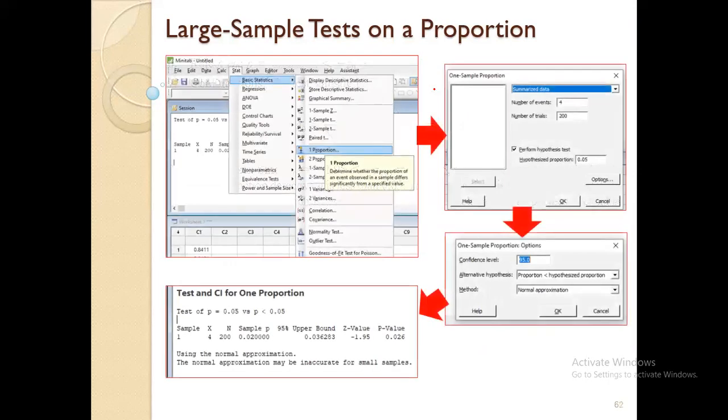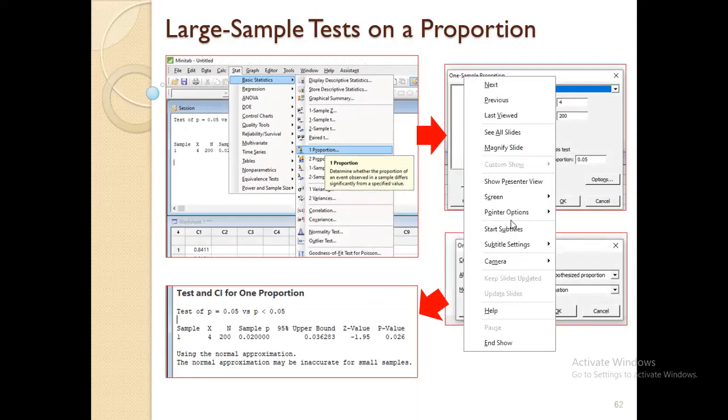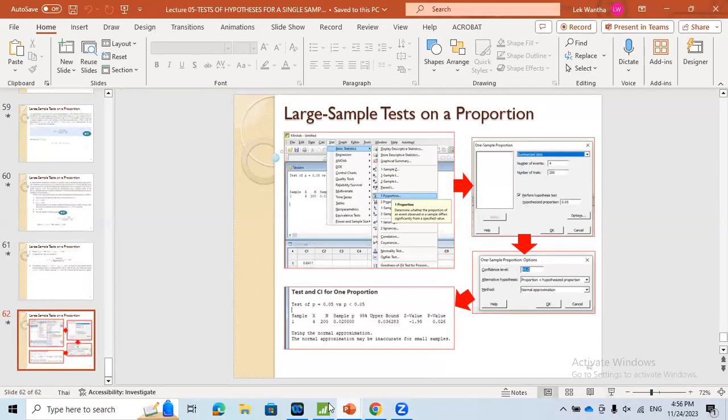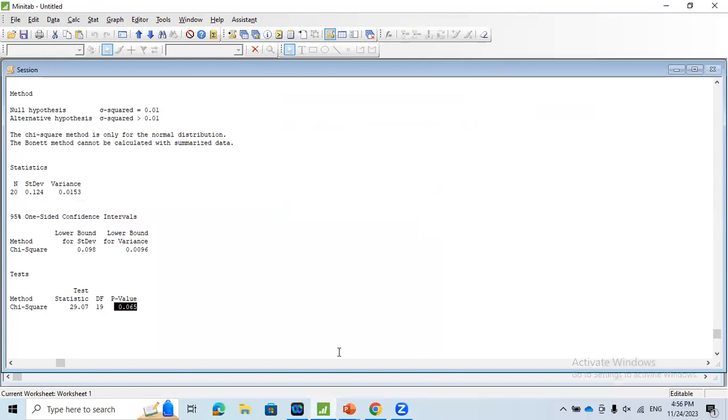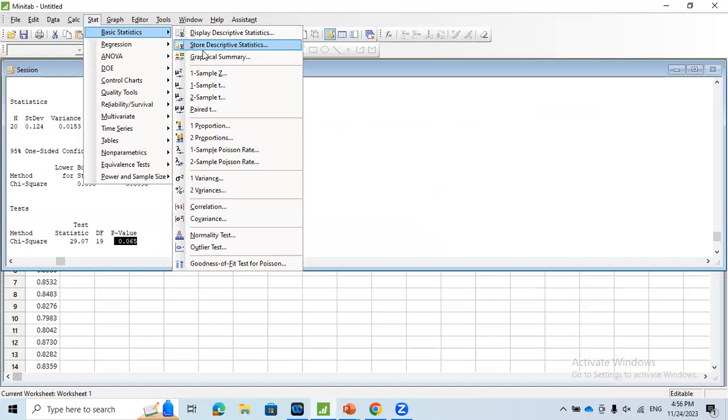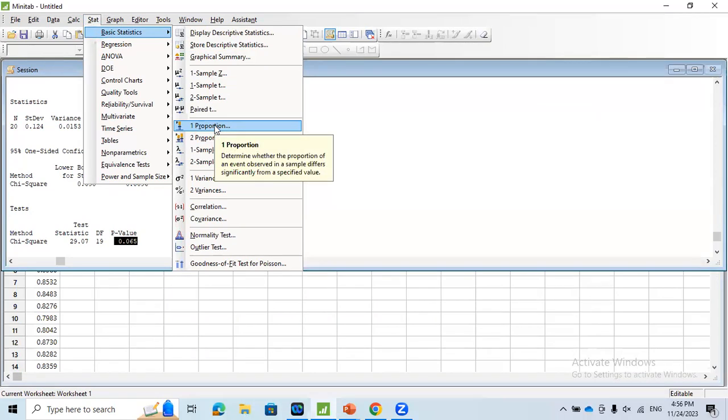In Minitab we also use the proportion. In Stat, Basic Statistics, we go to proportion. We have one proportion and two proportions. One proportion is for one sample.